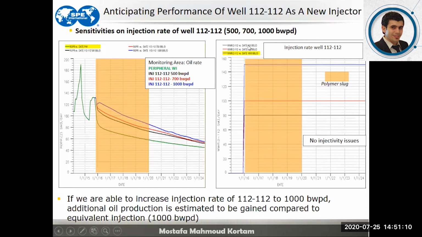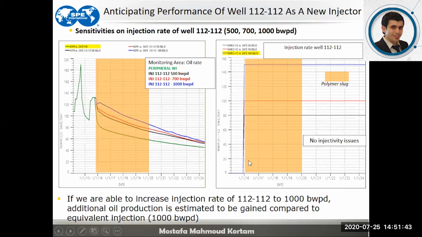So just injecting 1,000 barrels per day and keeping the peripheral injection as it is would have that effect on the oil rate from all the offset wells. So this is the base case of only peripheral water injection, the green one, while injecting 1,000 barrels per day gives a greater effect than injecting 500 and 700 and so on.